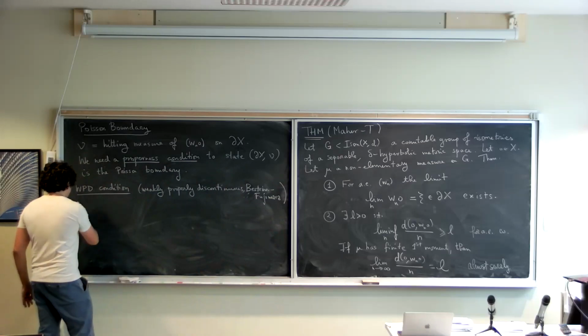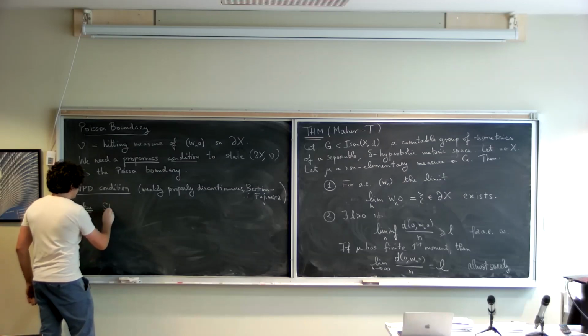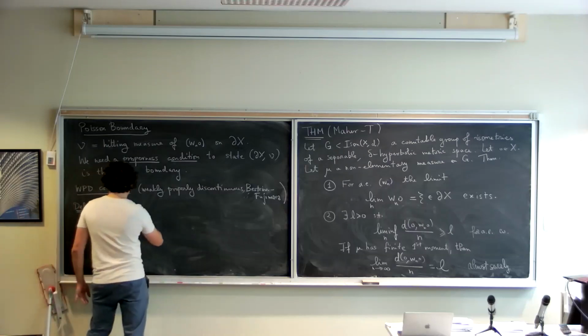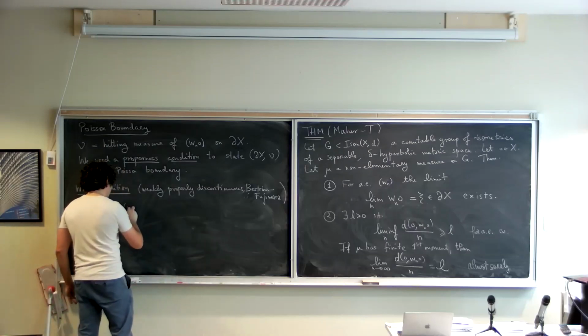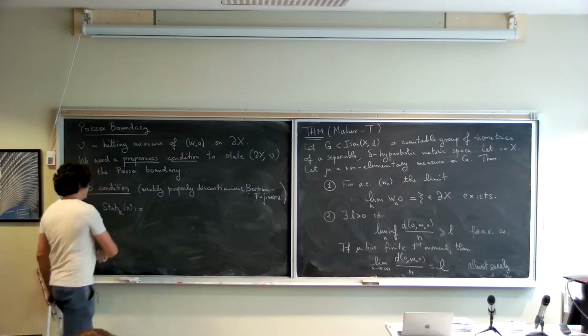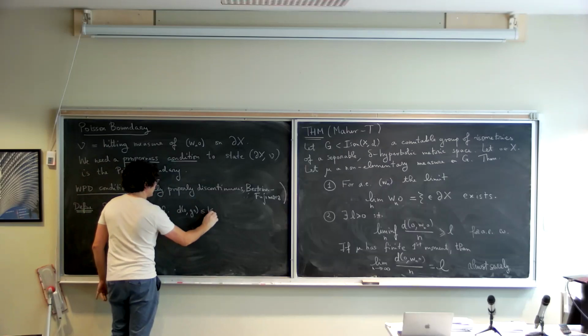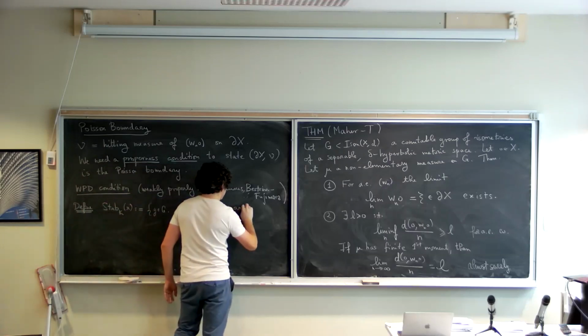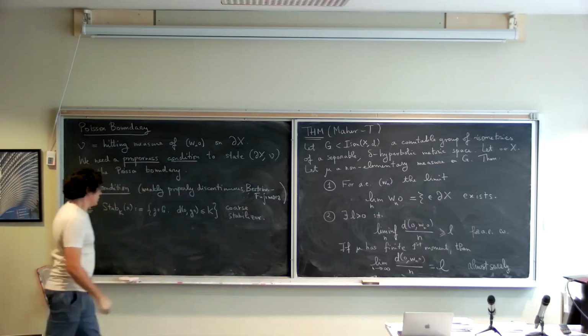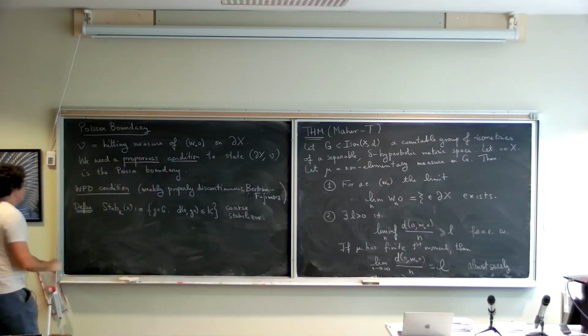So in general, we can define the coarse stabilizer. Stab_K of X, the coarse stabilizer, is the set of g in G such that the distance between o and g o is less than K. This is called a coarse stabilizer. And what is a WPD element?